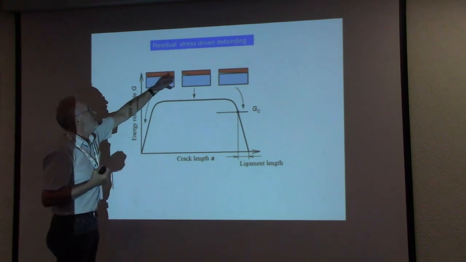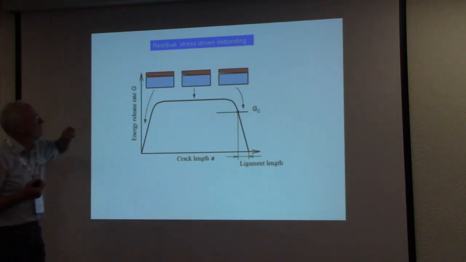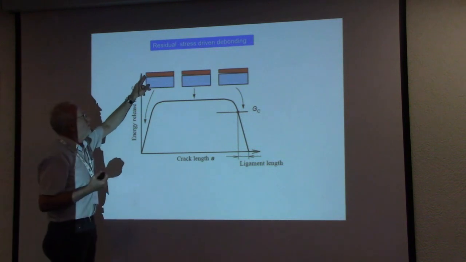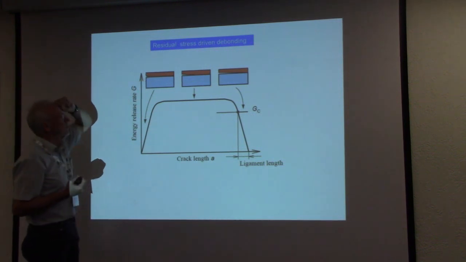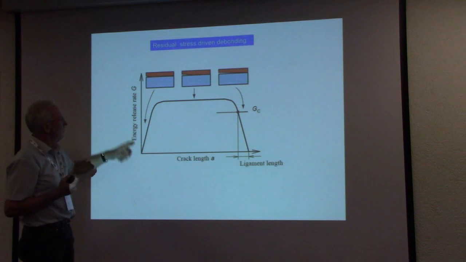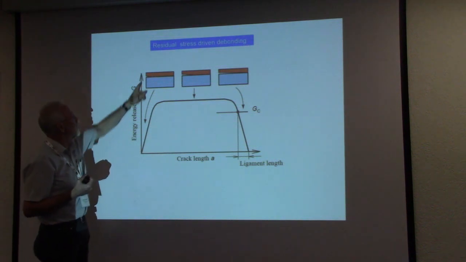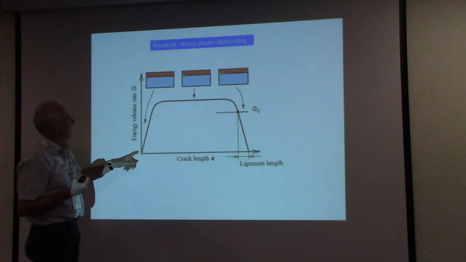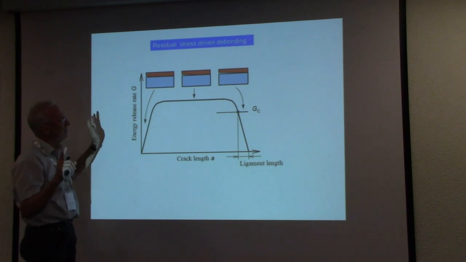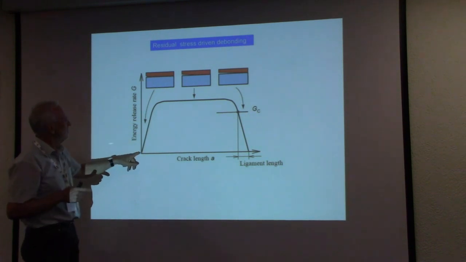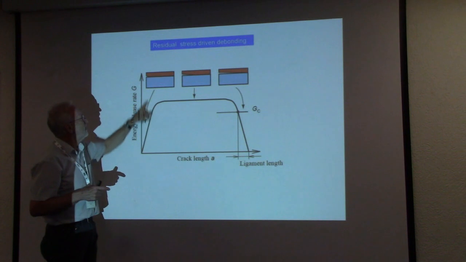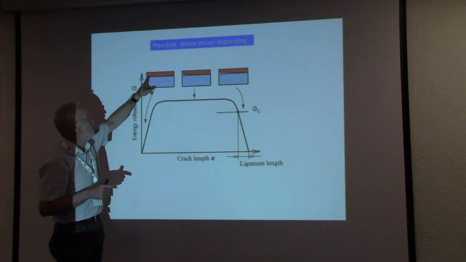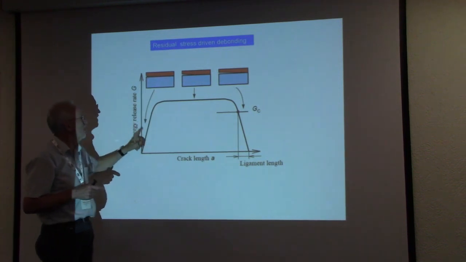If you have residual stresses in the film, and the crack runs through the film, then you have a certain energy release rate. And the energy release rate as a function of the crack length is very easy to estimate. It has a linear increase at first with a very short crack length.